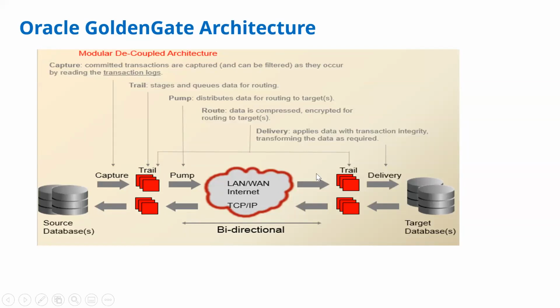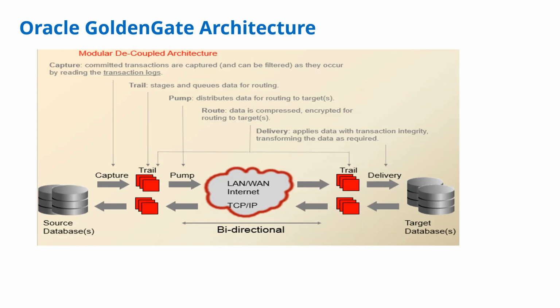Once the data becomes available in remote trail, the delivery or replicate process reads the data from remote trail and applies it to the target database. So there are three processes involved in this GoldenGate replication: extract, pump, and replicate. These three processes aid in replicating the data from source to target database.